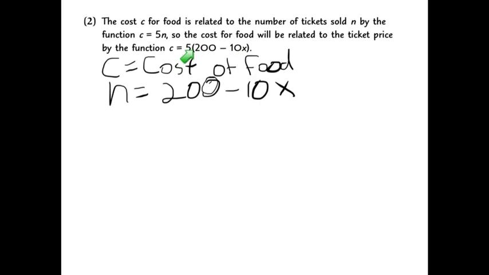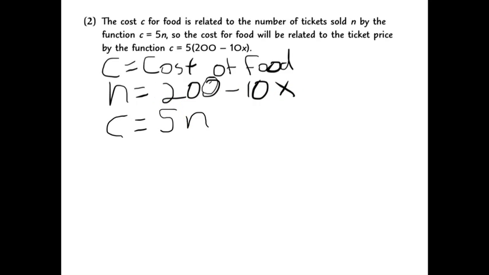So you're putting all these puzzle pieces together so that all we have are equations that relate to x, the ticket price. So C equals 5 times the number of tickets, but this right here, that's the number of tickets.